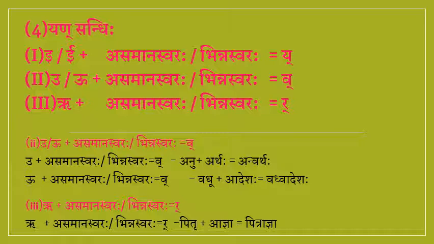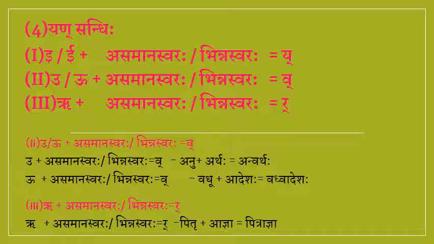What happens when we remove the r from the tru? We bring ra, so the ta and ra become tra, and since the next letter begins with a, the matra goes on the tra: pitragnya. This is called yana sandhi.